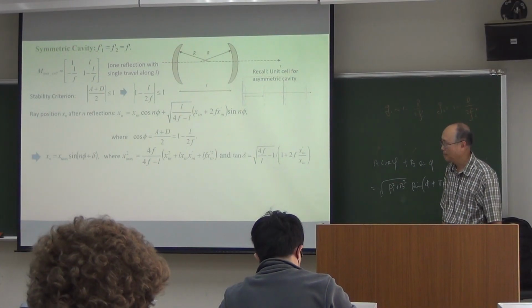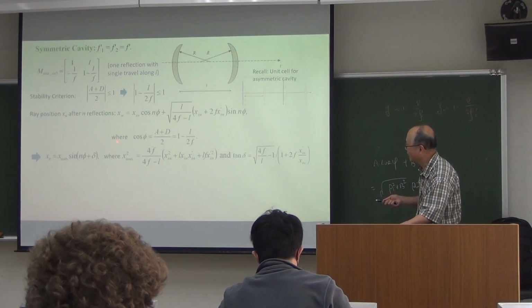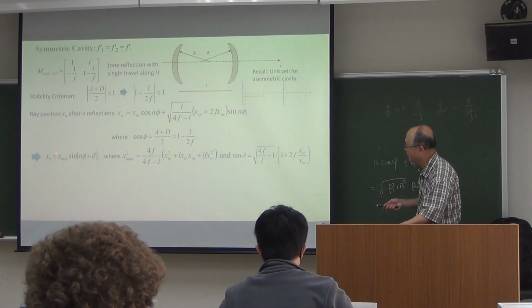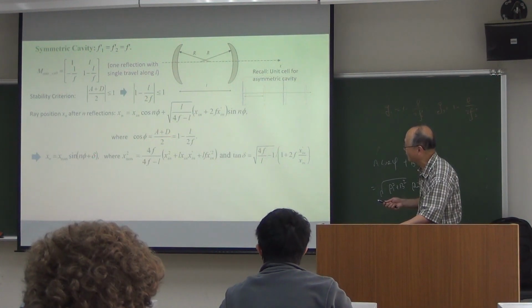All right. So now you realize that on the x-axis you have a maximum value oscillating with this phi, and this phi is defined by this (a plus d) over 2.